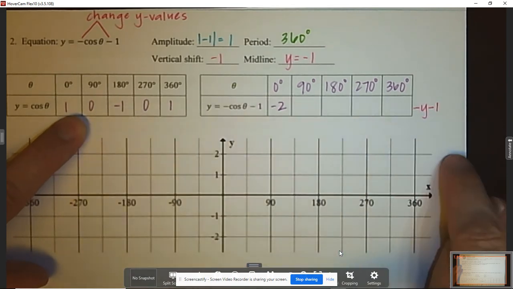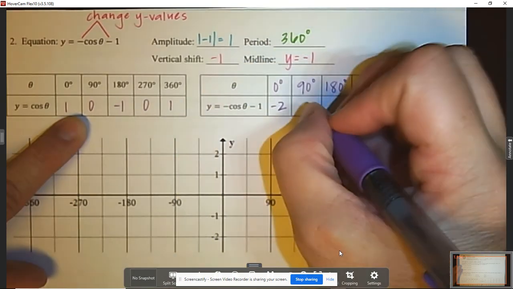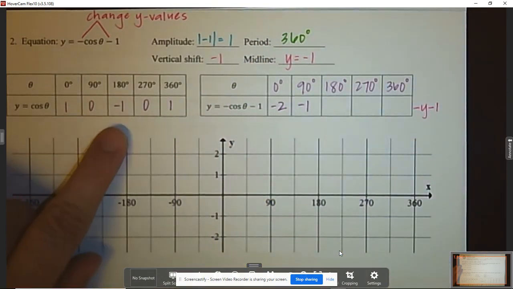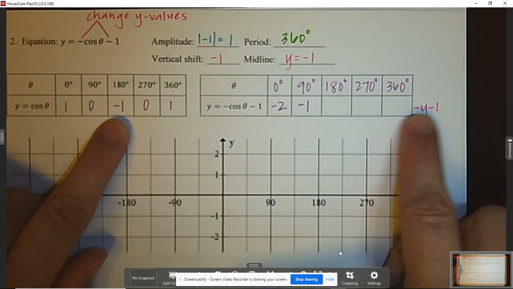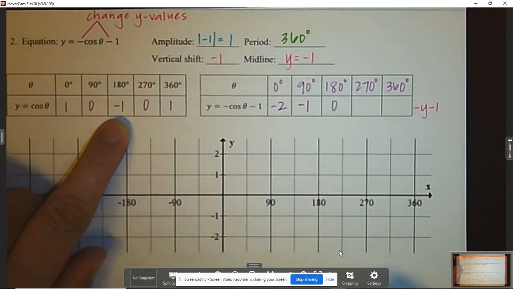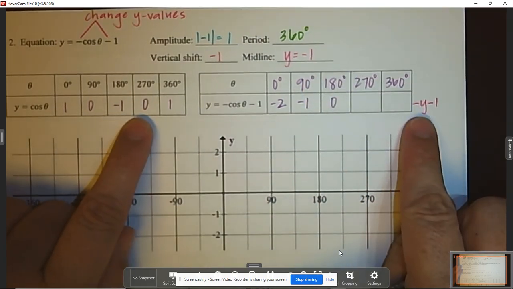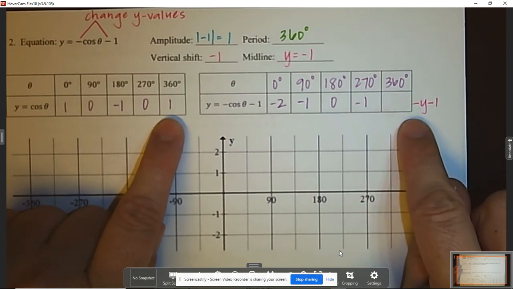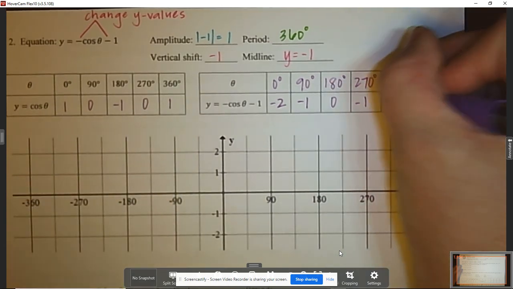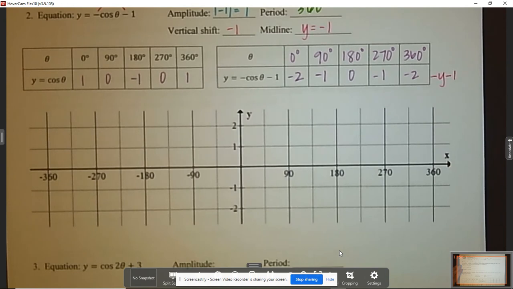Take 0. 0 times -1 is 0, minus 1 is -1. -1 times -1 is +1, minus 1 is 0. 0 times -1 is 0, minus 1 is -1. Plug in your 1 here. That's going to give you -1 minus 1, or -2.